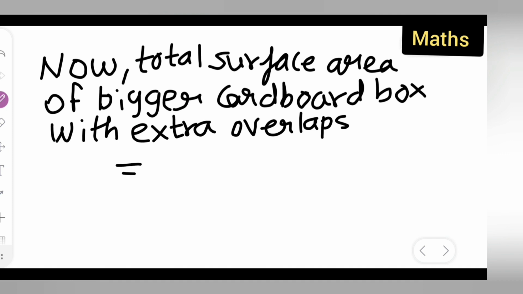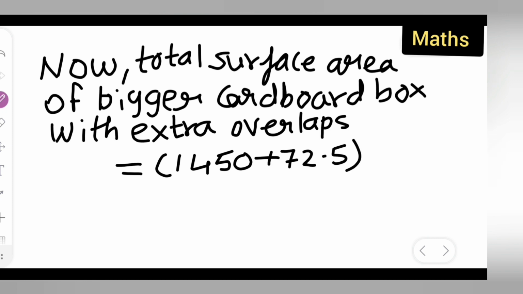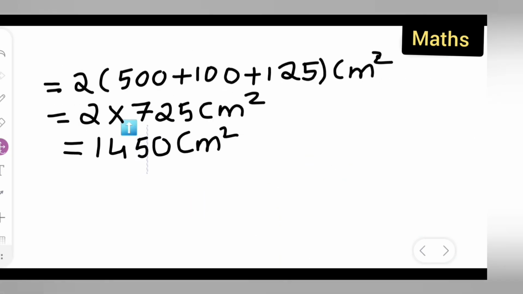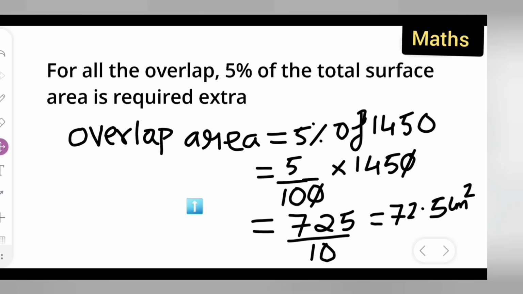Is equal to 1450 plus 72.5 centimeter square. So what we are doing over here is we are adding these numbers. This is taken from 1450 over here. From here 1450 plus 72.5, the overlap area.